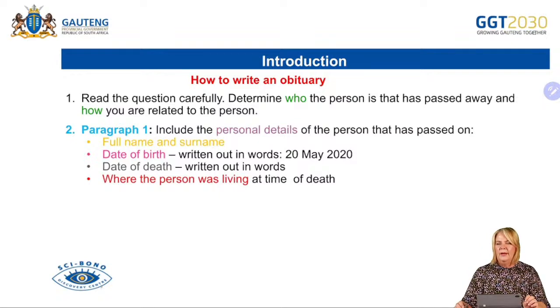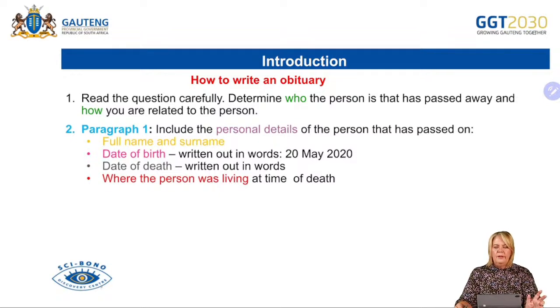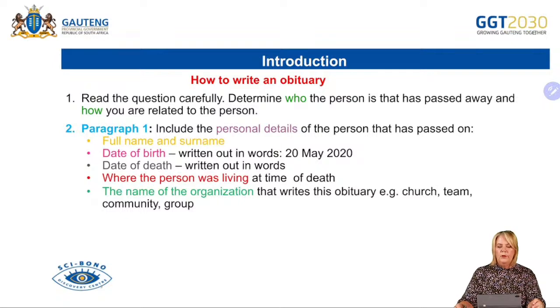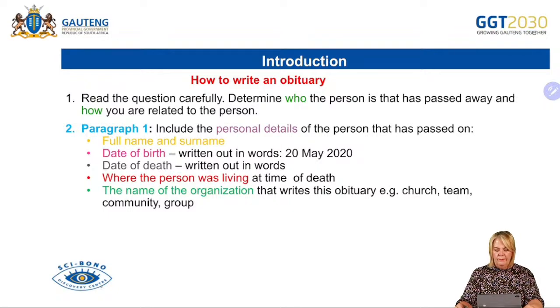In other words, not the mathematical 2024/02/12, but 12 February 2024. Date of death written out in words, and then where the person was living at the time of his or her death. The name of the organization that writes the obituary, for example, the church, a team, community, a group.